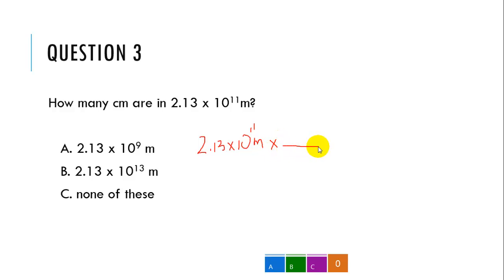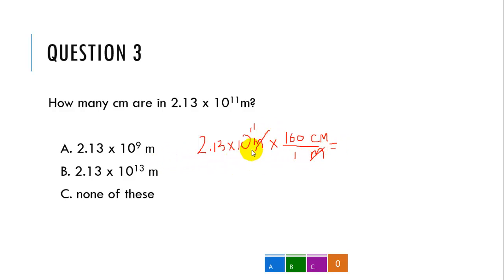You want meters on the bottom. Notice I always put my units first, centimeters on the top. Then this is where you have to be a little careful. You just have to say, well, what's the equivalency? Well, there's 100 centimeters in 1 meter. I show my units cancel out.